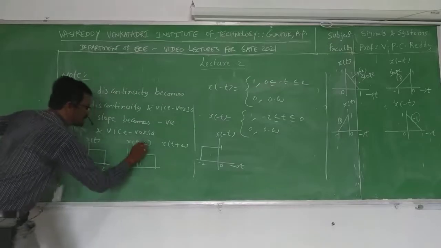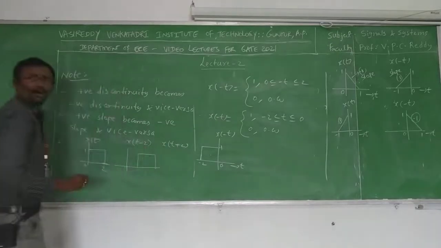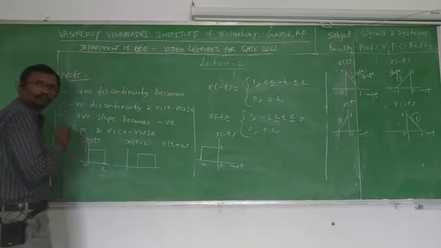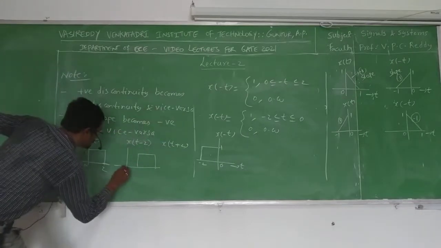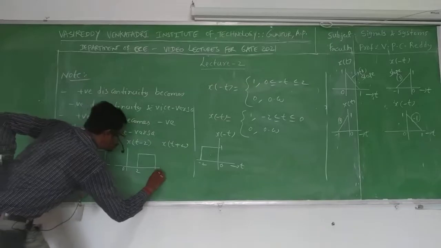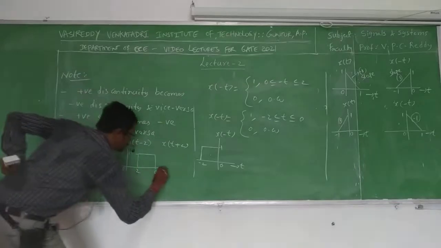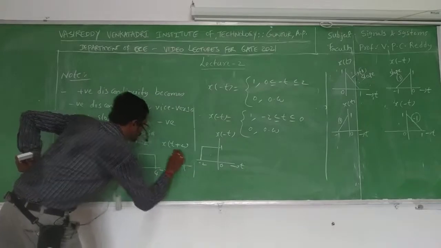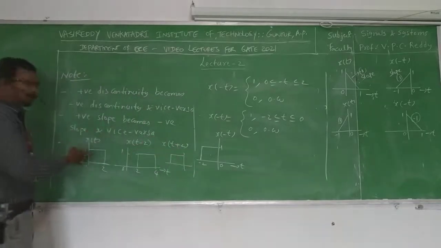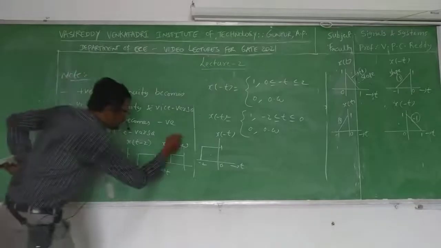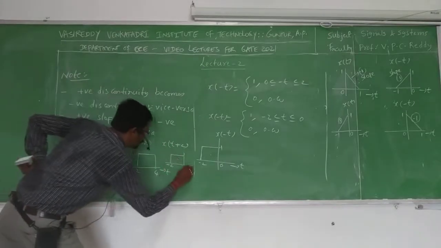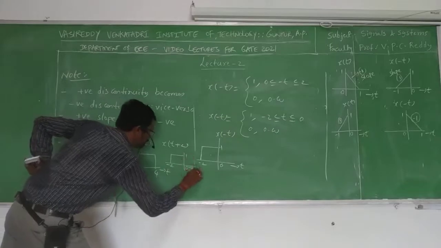In t minus 2, minus is nothing but delay, plus is nothing but advance. Moreover, what is the delay here? 2 units. We have to move towards the right by 2 units. 0 plus 2, 2 plus 2, the magnitude is 1. So what about x of t plus 2? For time advance, what do we have to do? We have to move towards the left, left by 2 units. 0 minus 2, 2 minus 2, 0.